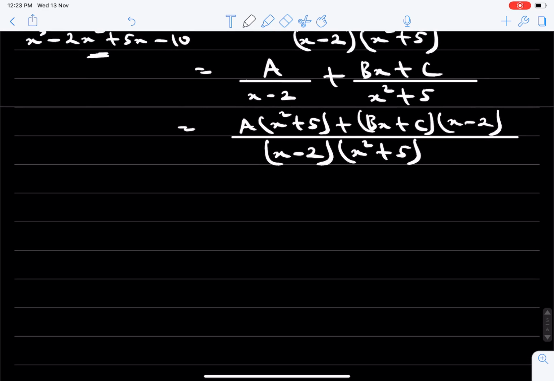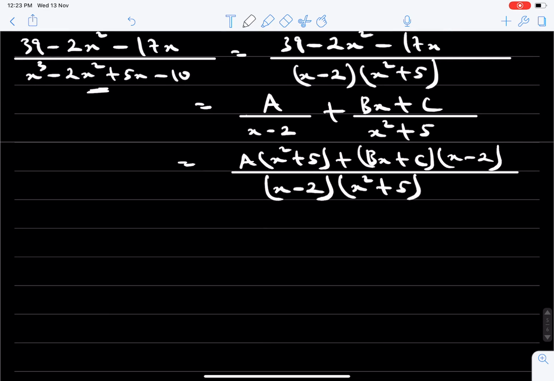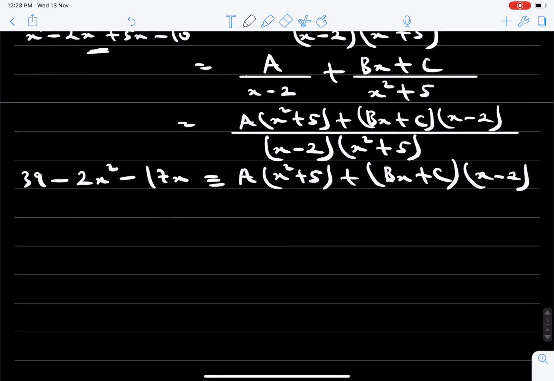Which means 39 minus 2x squared minus 17x is equivalent to a times x squared plus 5 plus bx plus c times x minus 2.